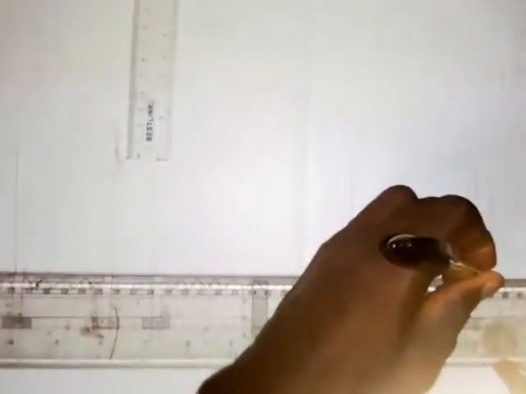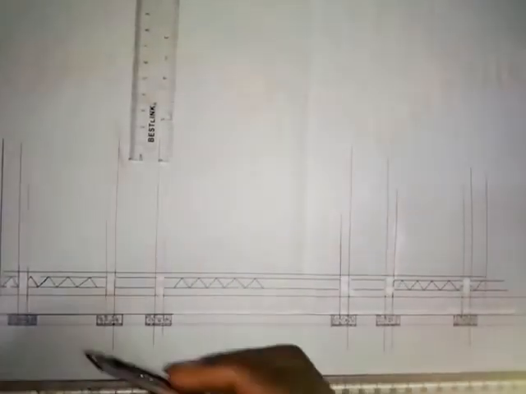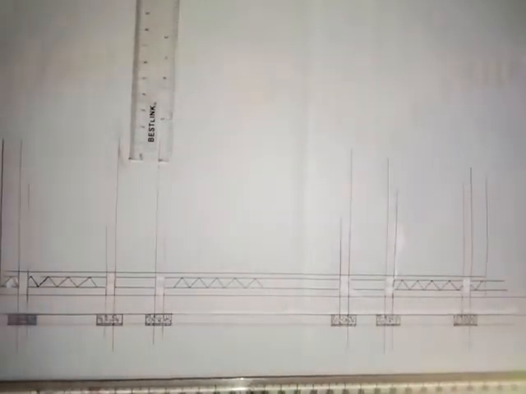From here I will draw a line. We are going to make it thick so it covers the walls. I also need to make this line a thick line throughout here.